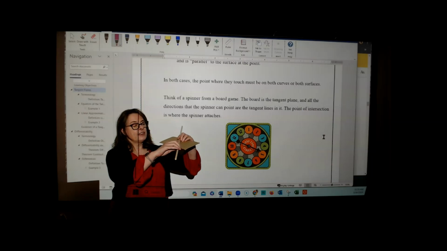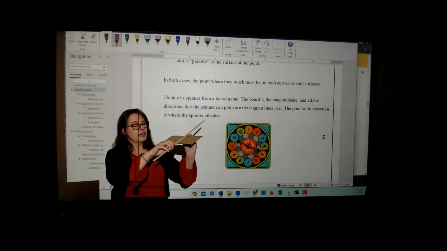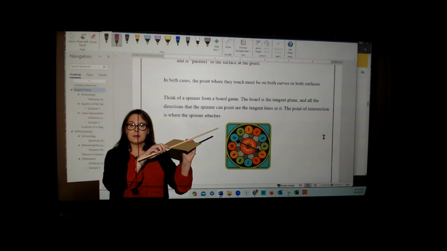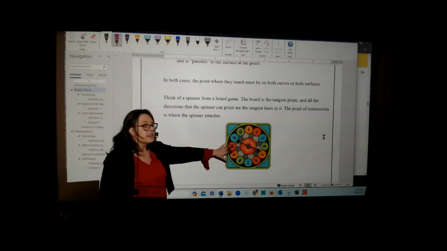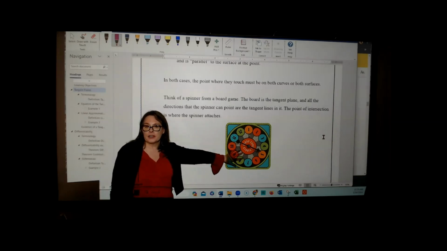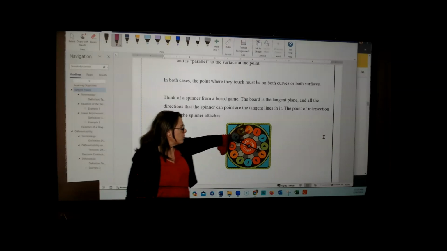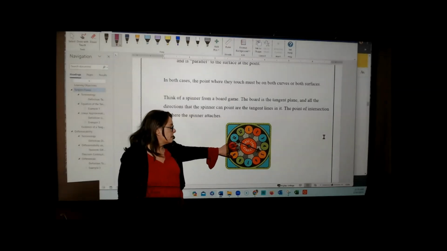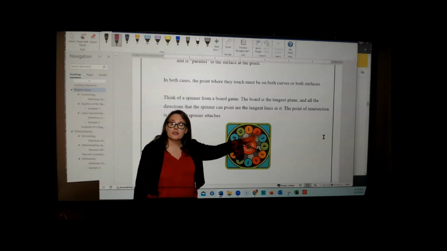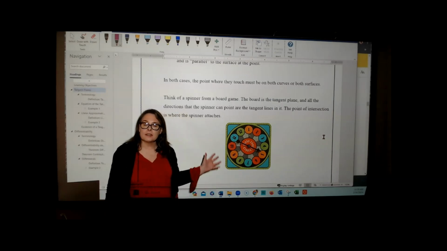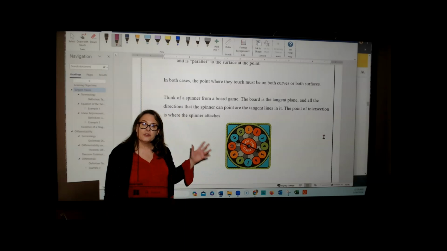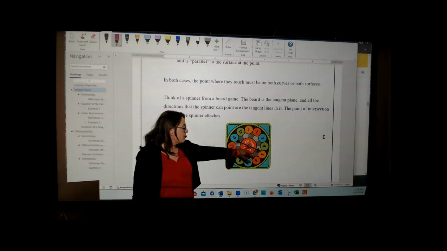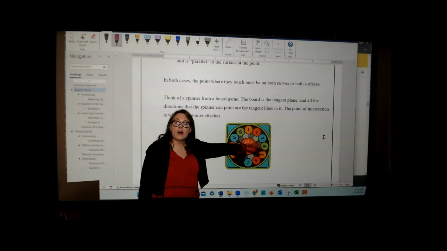But again, if it's fixed at one point, there are infinitely many lines that spin around that point. It's almost like a spinner in a board game. The board itself, the spinner board, is the tangent plane, and the spinner, as you spin it, represents all the possible tangent lines to the surface at the point where the spinner is attached to the board. And all of these tangent lines make up the plane.